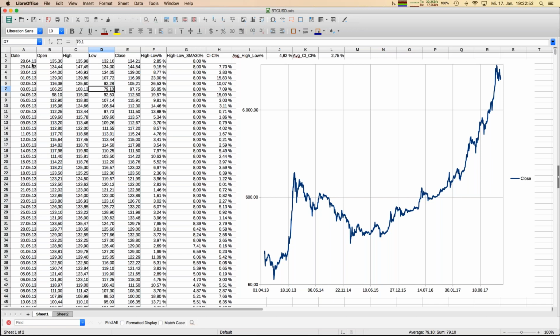So we start in 2013, and we have about 4 years of history right now. Then I did what I mentioned, the comparison high minus low in percent. And later I applied an SMA 30 on that. That would be a month's worth of time, because weekends are trading time. And I did the same for close to close.